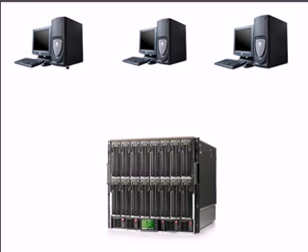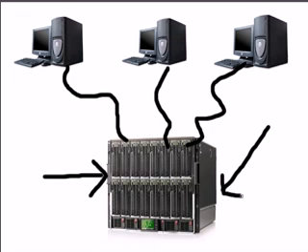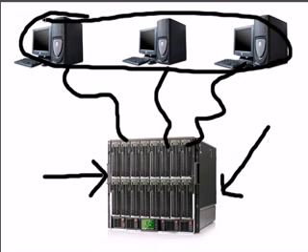So all of these computers right here can all connect to the server and get information from it. And a website is an example of something that would be on a server. A website would be stored right here, and all of these computers can see all of the information on the website. So again, this thing right here is called a server, and these are called workstations. So we can move on to the next concept after that.